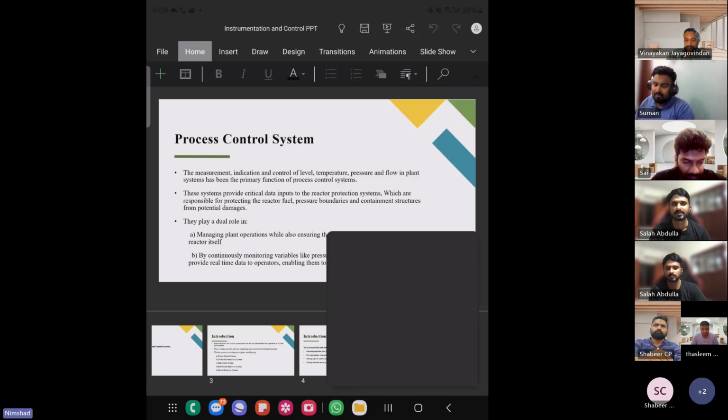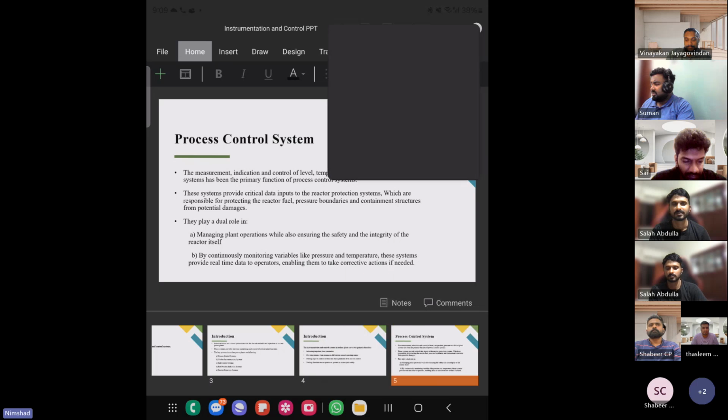Here, the protection of safety is the main thing, protecting the reactor fuel, pressure boundaries, and containment structures from potential damage.